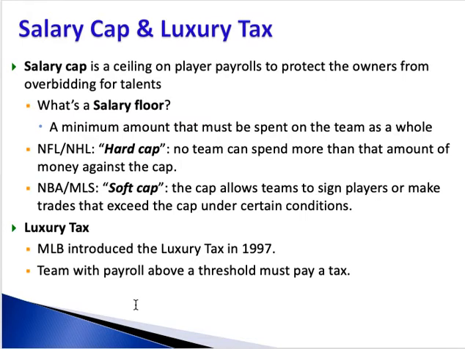The Super Bowl was won by 14 teams, 13 teams won the Stanley Cup, and only 10 different teams won the NBA title. So a lot of people think the luxury tax is a better strategy compared to the salary cap and can really enhance competitive balance, right? So this is about the salary cap and luxury tax, which have been utilized by professional sports leagues in order to enhance the competitive balance.